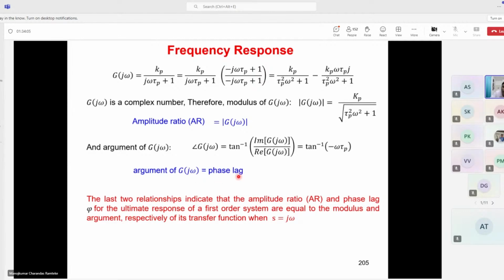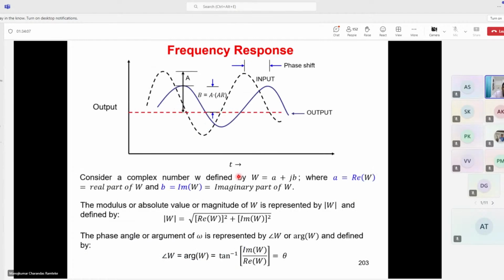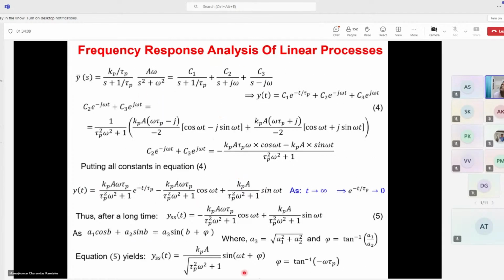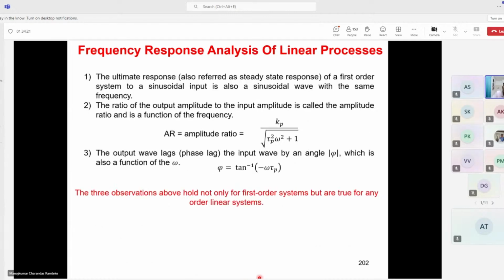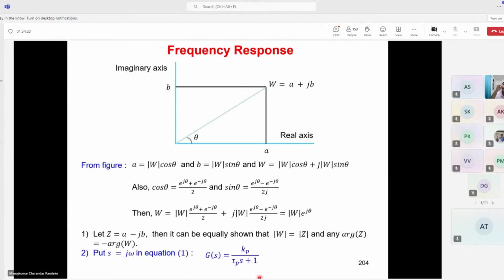So I don't need to do a detailed derivation like this. I can directly get the phase angle and the amplitude ratio by putting s equals to j omega. Is it clear to everyone?